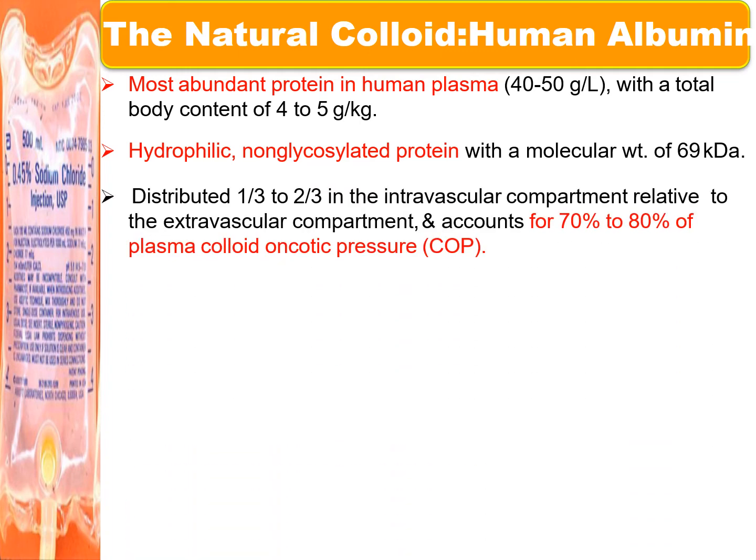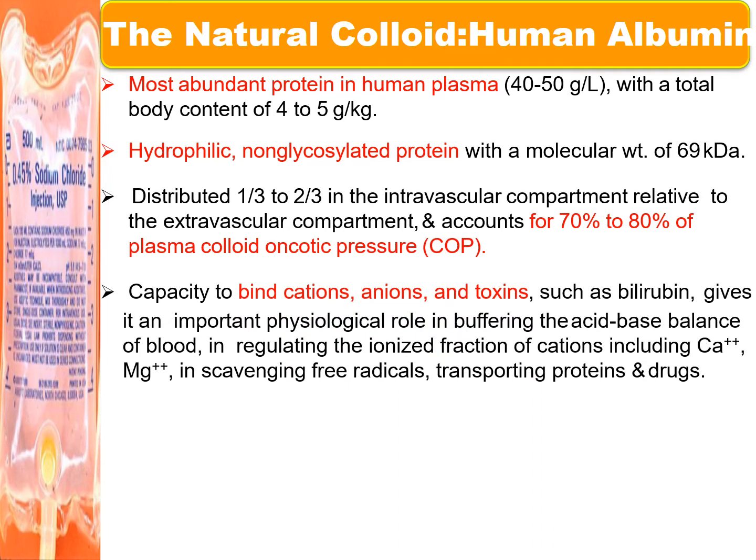Also, the human albumin is distributed one-third to two-thirds in the intravascular compartment relative to the extravascular compartment, and it accounts for 70 to 80% of plasma colloid oncotic pressure.